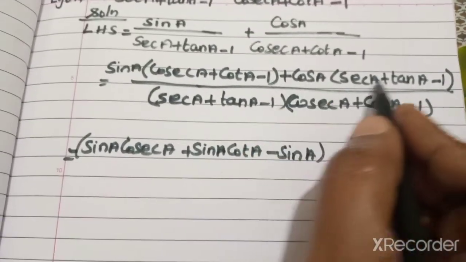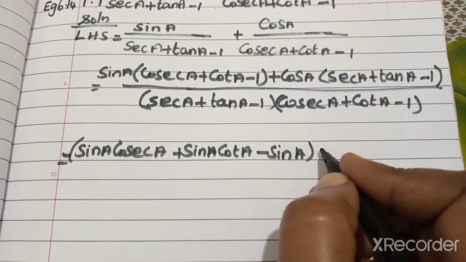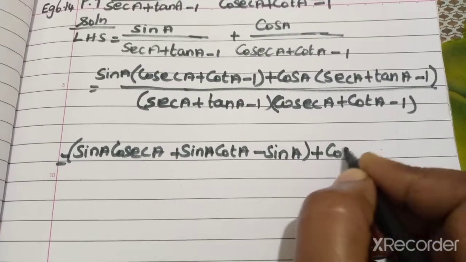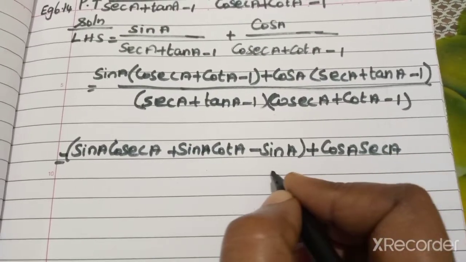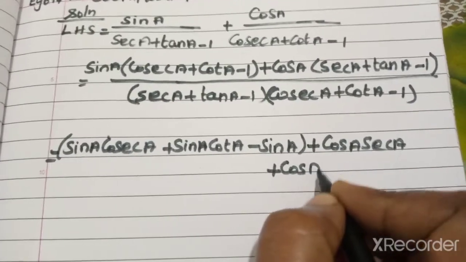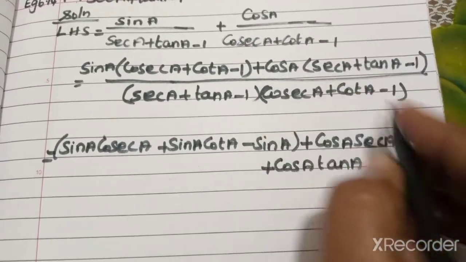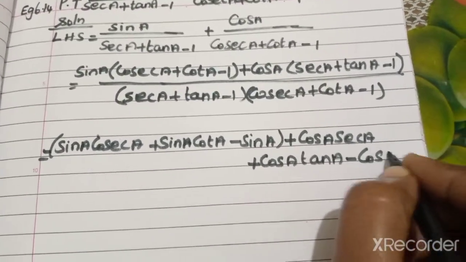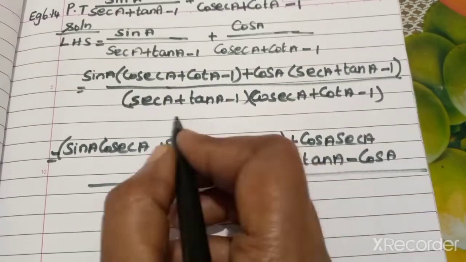Now this cos A into these 3 terms, so cos A into secant A, plus is there, so cos A into secant A plus cos A into tan A, cos A into tan A, minus is there, minus 1 into cos A, minus cos A, divided by the denominator as it is, right?